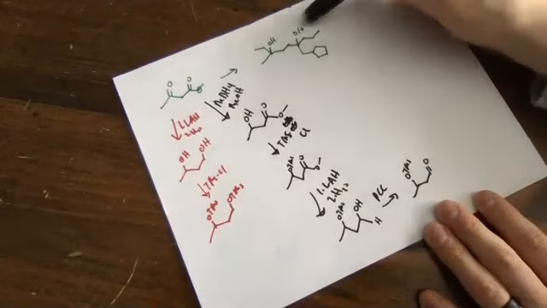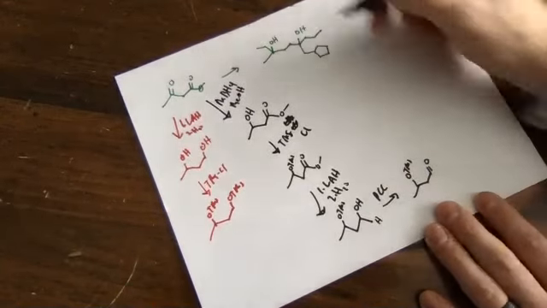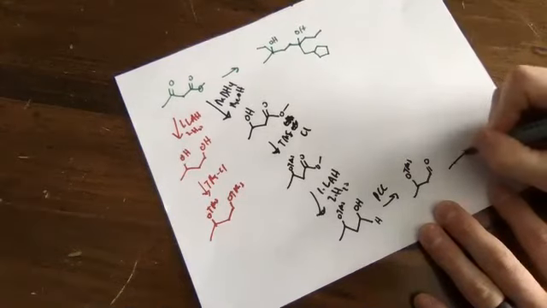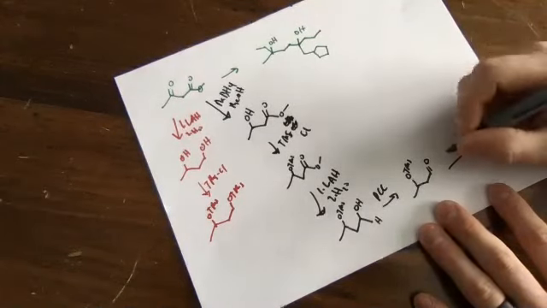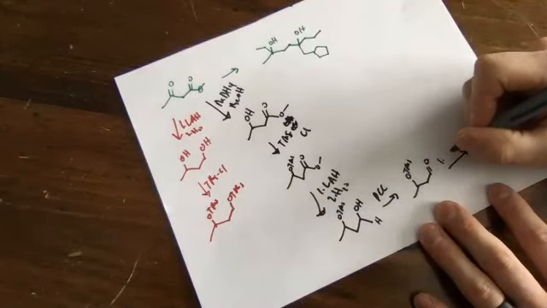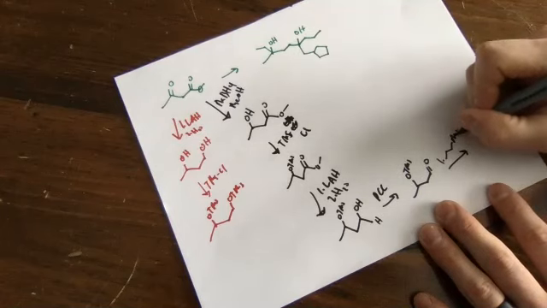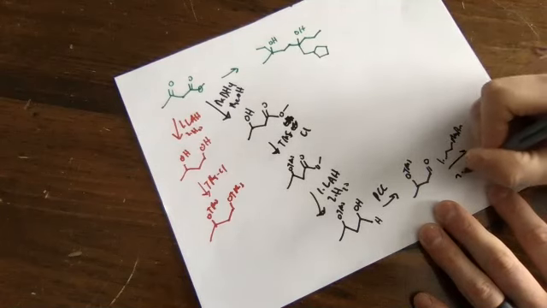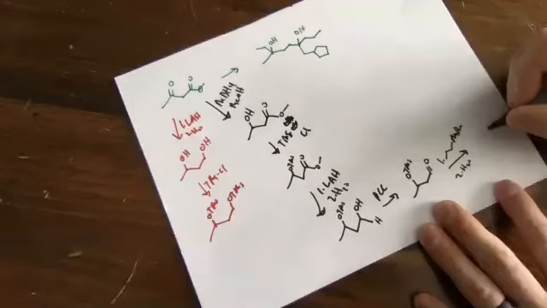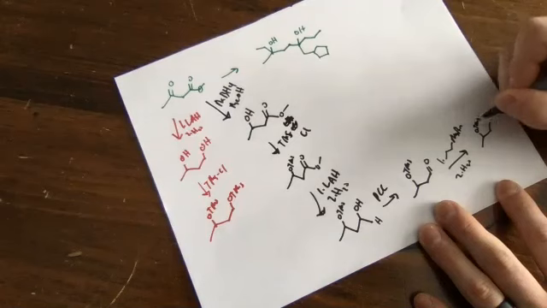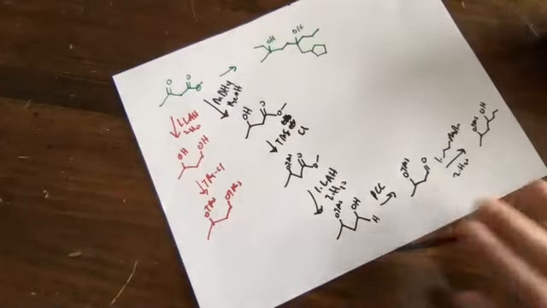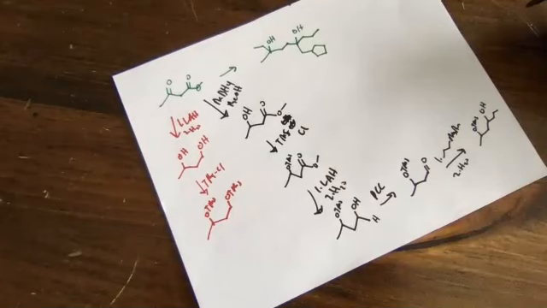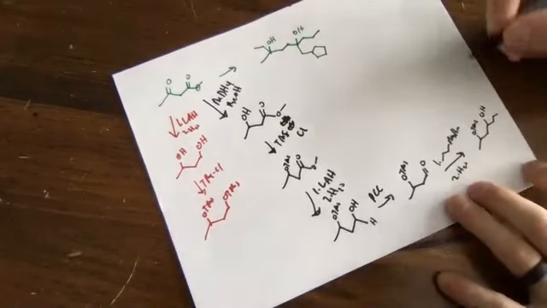Do half of my Grignard here. So let's do the propyl first. And then we can kind of do the exact same thing over again. So PCC lets us oxidize it again.